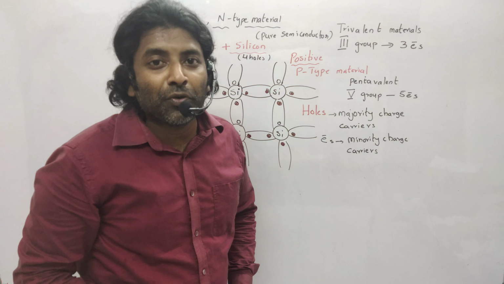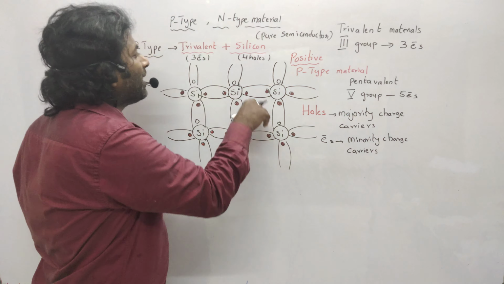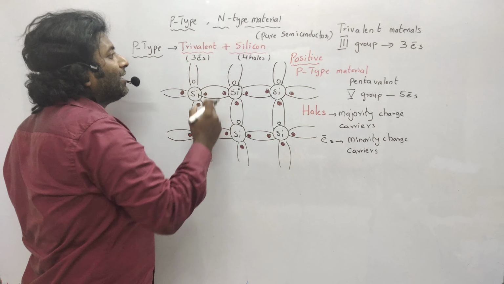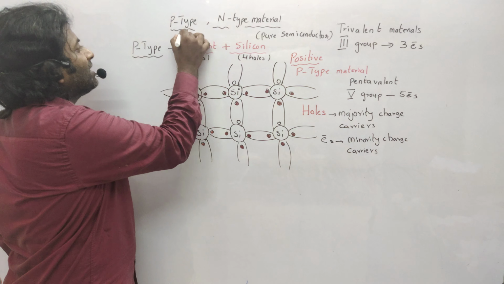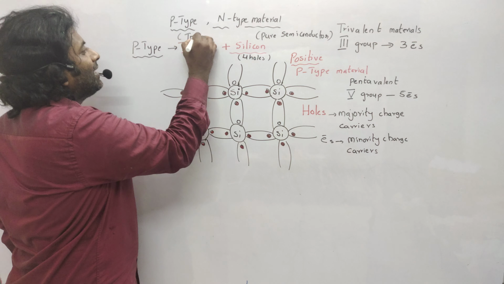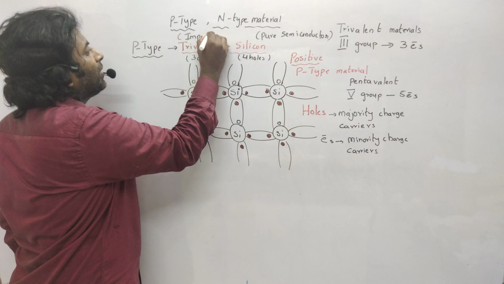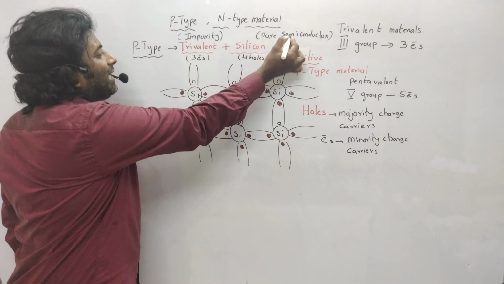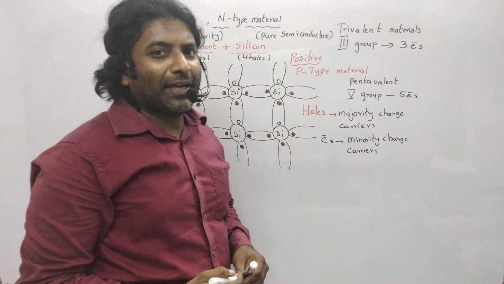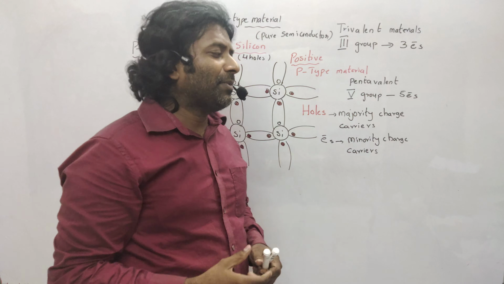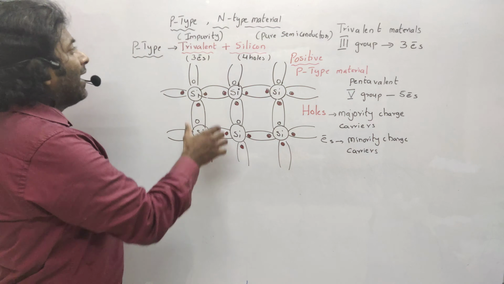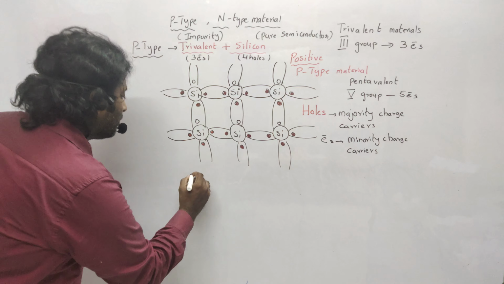It is impure. So what is making it impure? Trivalent is making it impure. That's why this trivalent material is called an impurity. Impurity is added to the pure semiconductor, meaning we are impuring the semiconductor. Therefore, the addition of impurities to pure semiconductors is called doping.